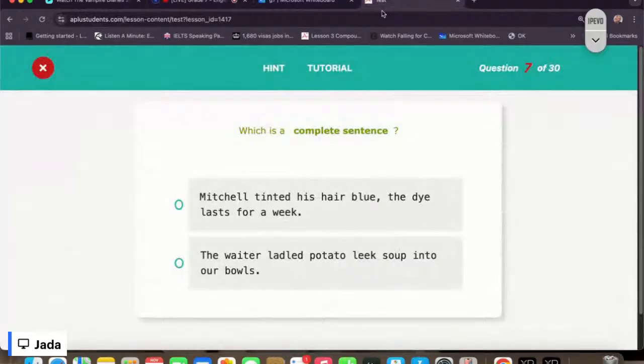So the first one is not a complete sentence, but the second one is.